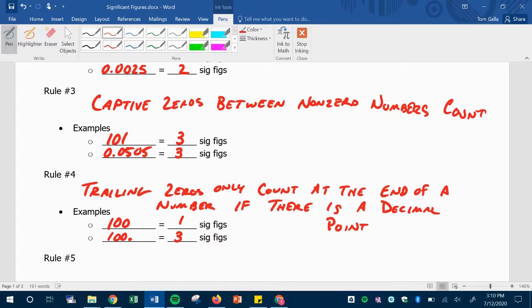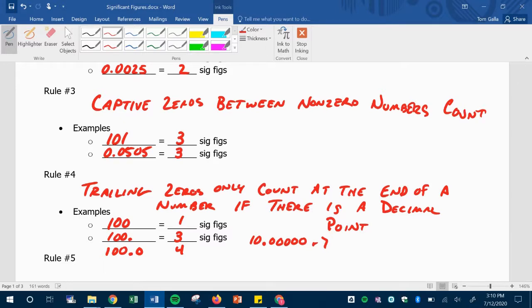Let's just say we have 100.0. Now, because of that decimal point, this becomes 4 significant figures. And if we have, let's just say something like 10.00000, all of these zeros are significant because of that decimal point. So that means that we have, in this number, 7 significant figures. So I know that one's kind of a tricky rule.